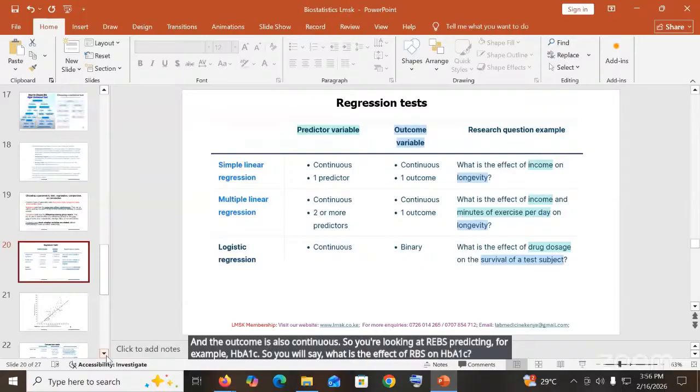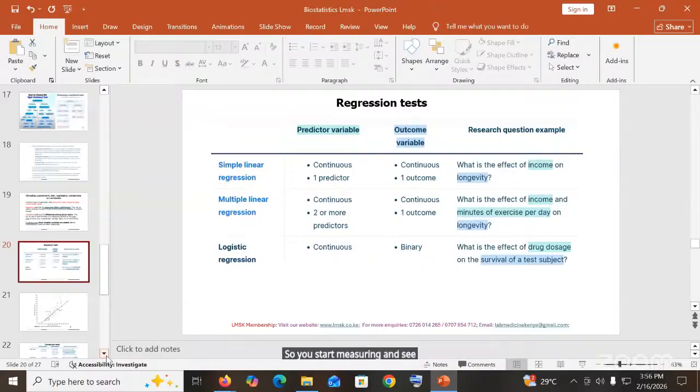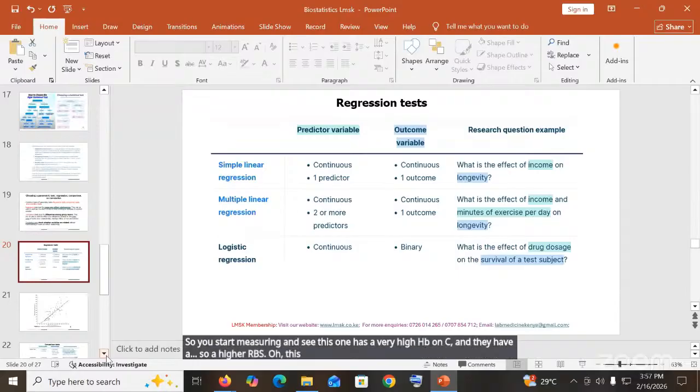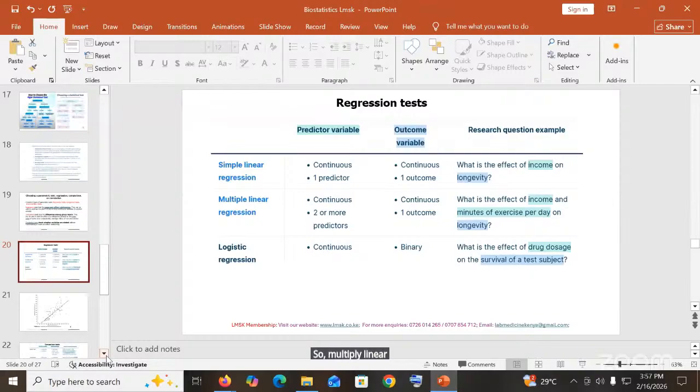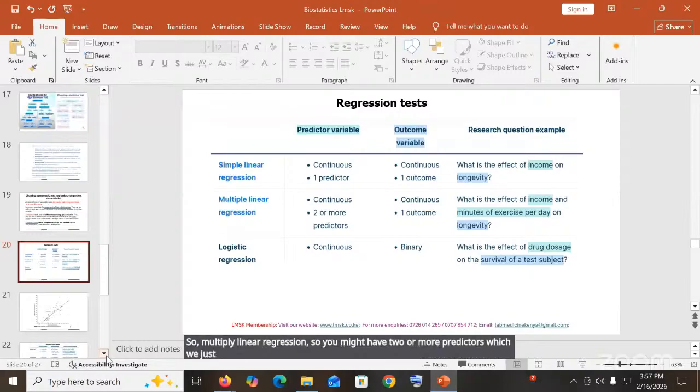You start measuring and see this one has a very high HbA1c and a higher RBS, or this one has a low RBS and still a high HbA1c. Then you come up with a simple linear regression and say RBS is related to HbA1c or not related at all. Multiple linear regression: you might have two or more predictors, which we just mentioned, and for example, they are continuous, meaning quantitative.